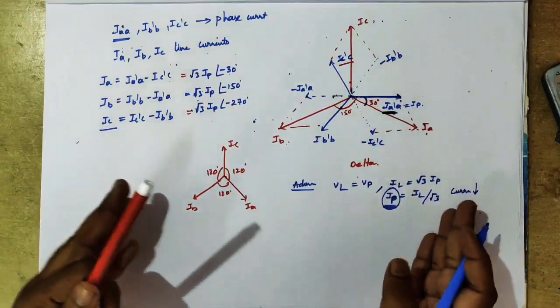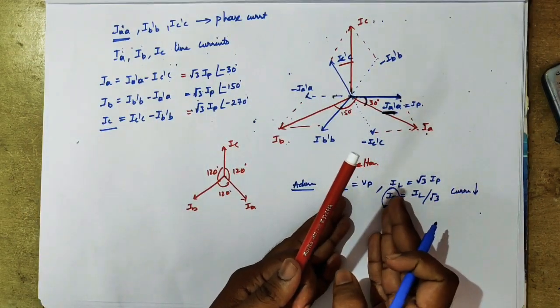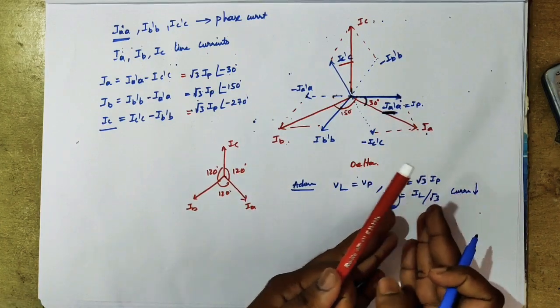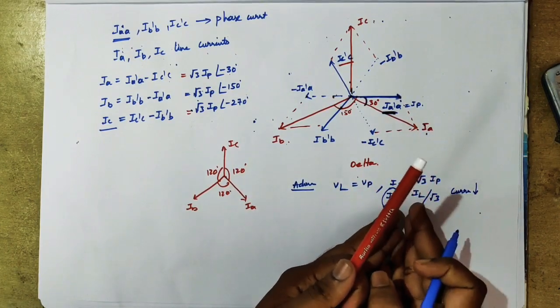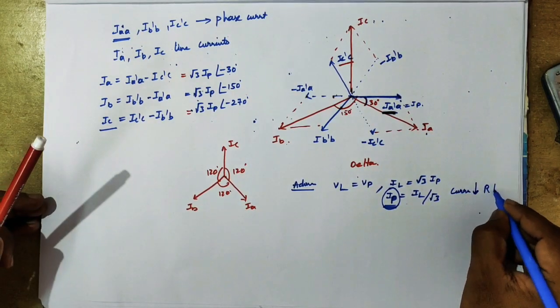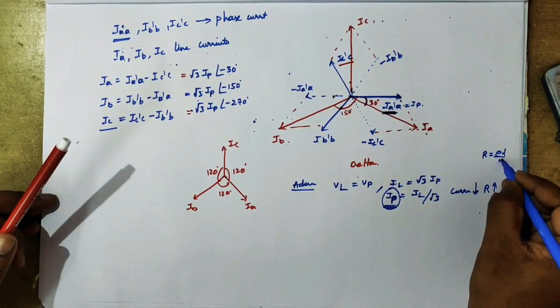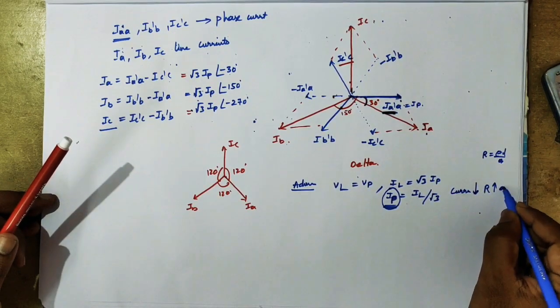I am comparing with star. There the phase current is equal to the line current, but here the phase current is reduced compared to the line current. If current is reduced, what happens to resistance? It is increased. Resistance R equals rho L by A. If resistance is increased, the area of cross section is reduced.